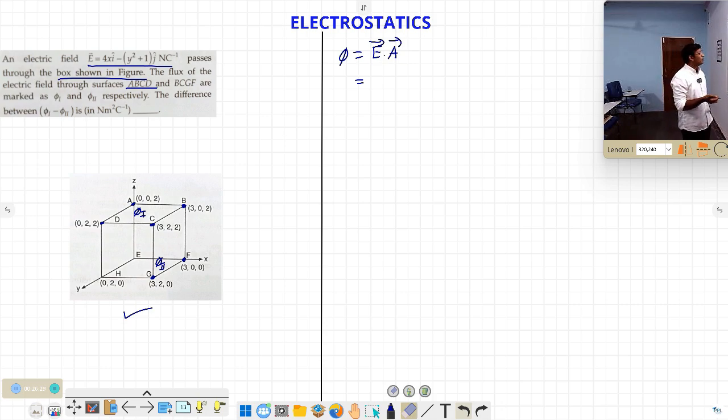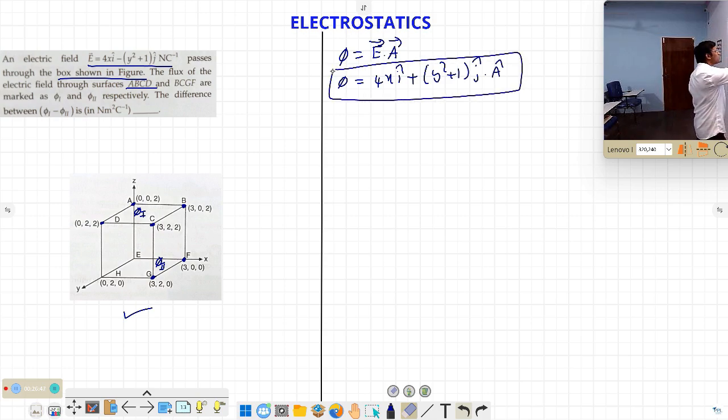So first you take the electric field: 4x i cap plus y square plus 1 j cap, dotted with the area vector. The area vector you have to choose according to the direction of that surface. In this case they are asking first for the flux across A, B, C, D, which we can write as flux 1.